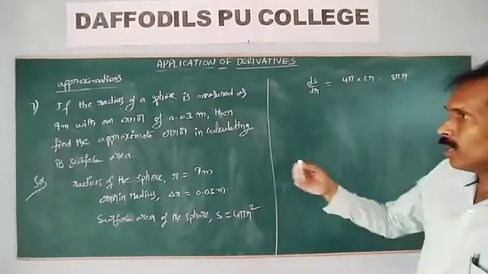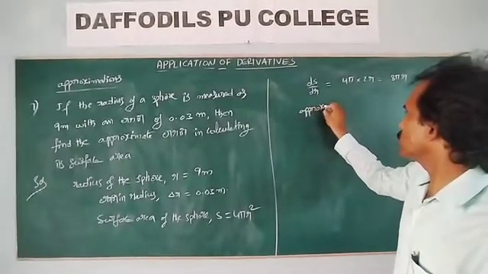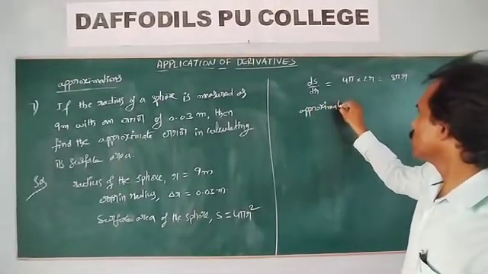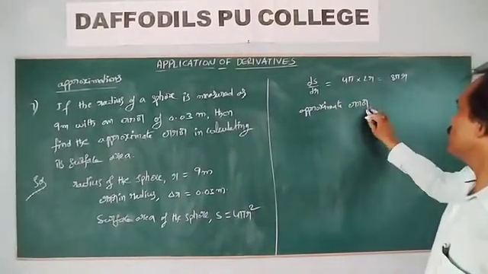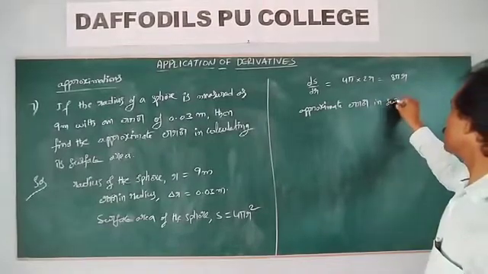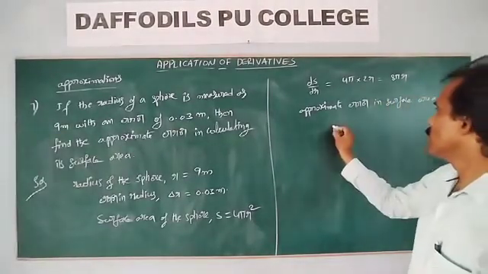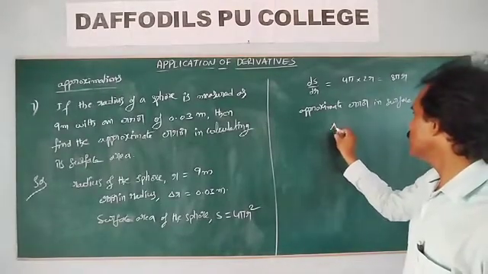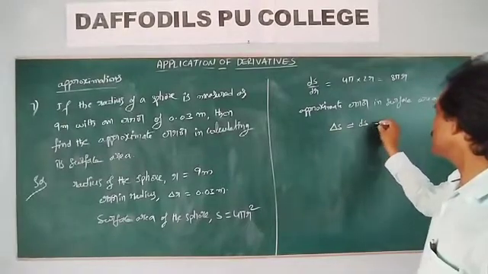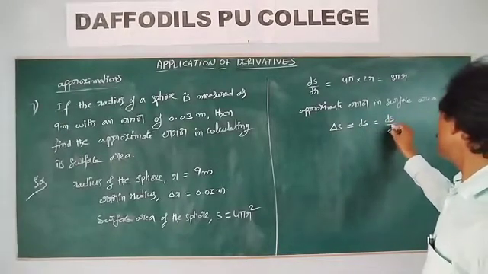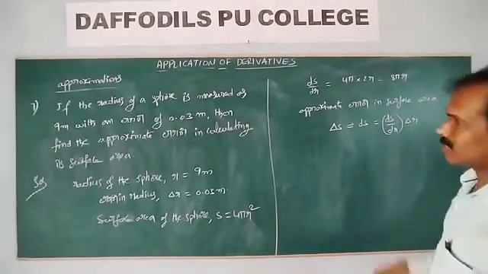Right. Approximate error in surface area: delta S is approximately equal to dS, which is dS by dr into delta r.